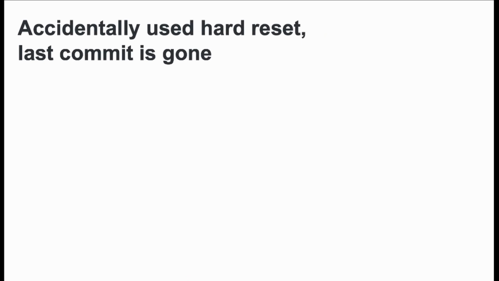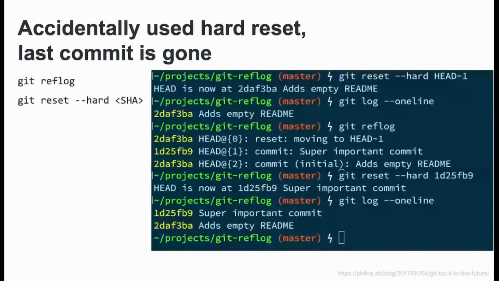So someone accidentally used a hard reset, and now the last commit is gone, and it was a super important commit. And here's where the reflog comes in. The reflog is the super detailed logging where you can see where HEAD went through. And here you can see, here was the hard reset done.